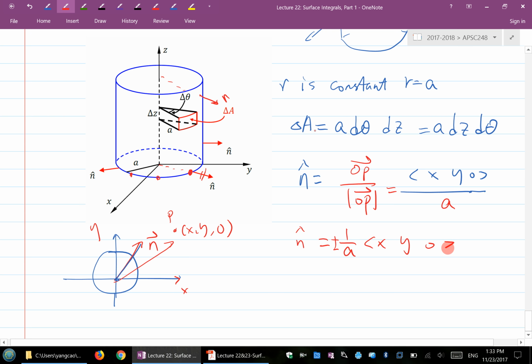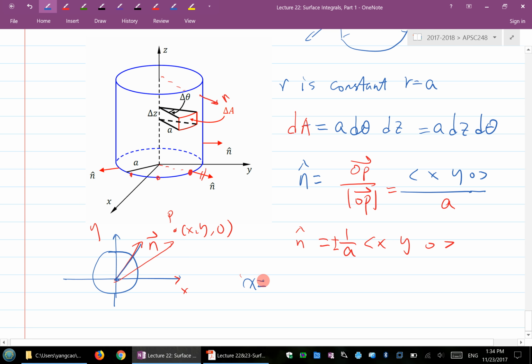There you go. So you got your delta A. I should say this is dA now. You got your dA, you got your n hat, and there is a little bit of inconsistency here, because we have z and theta, but then in the n you have x and y. So what do we do with x and y?